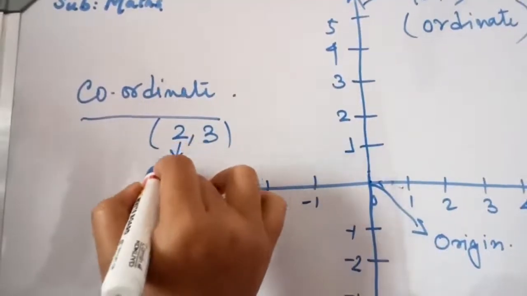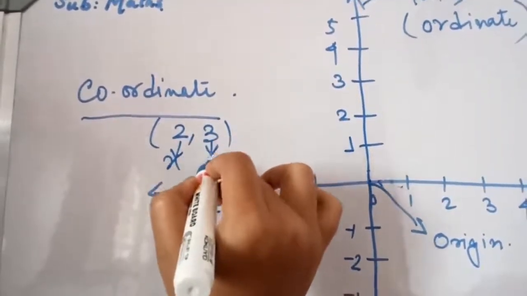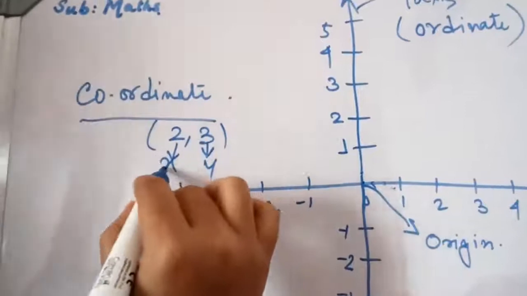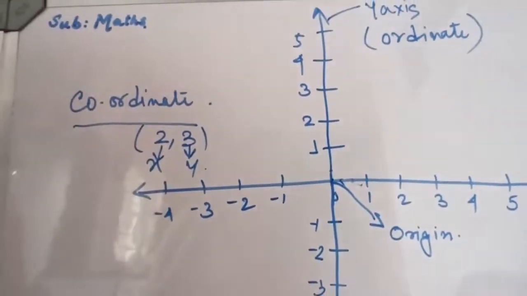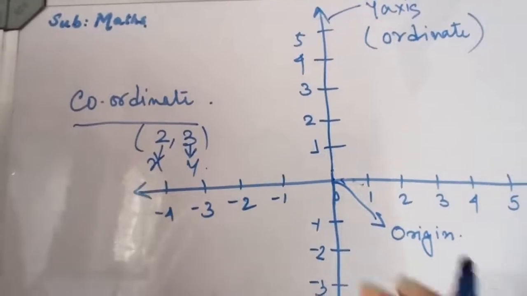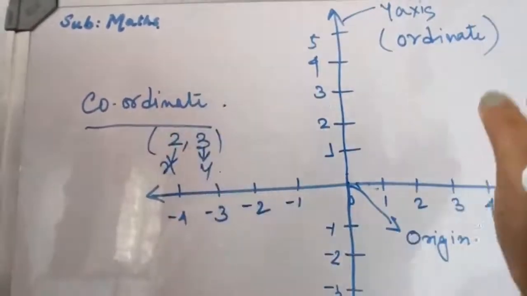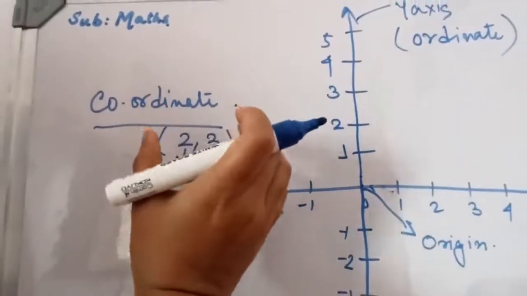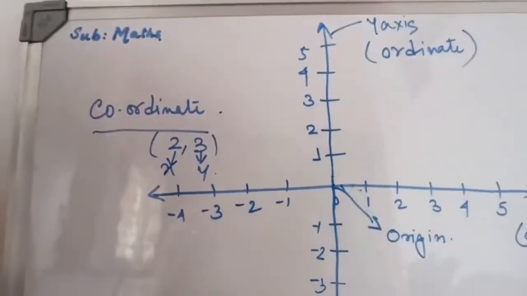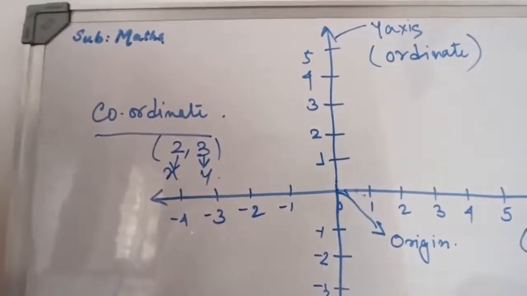2 is denoting the x and 3 is denoting the y. So both x and y denote the position of the point. Without x I can't find the location, without y I can't find the location. So I need both things together to find the position. Hence it is known as coordinate.